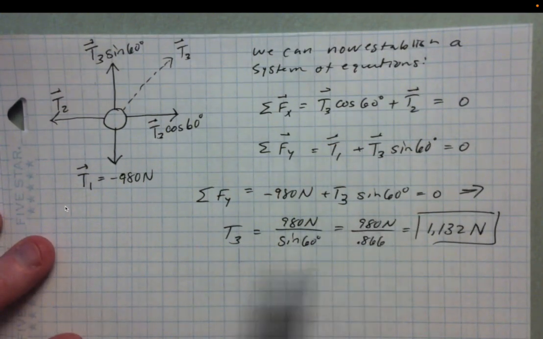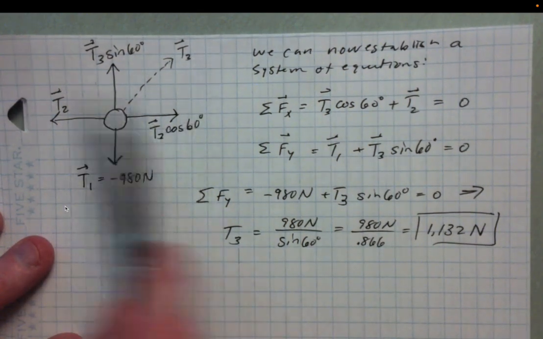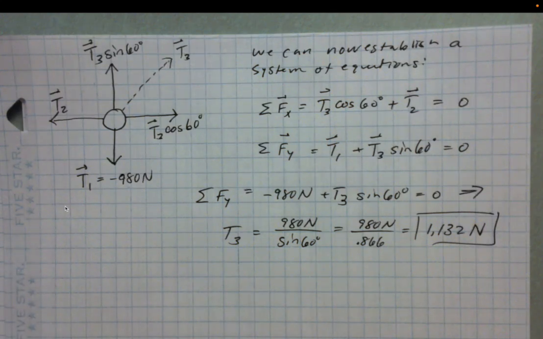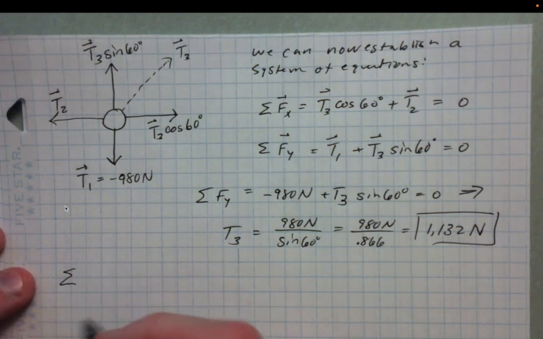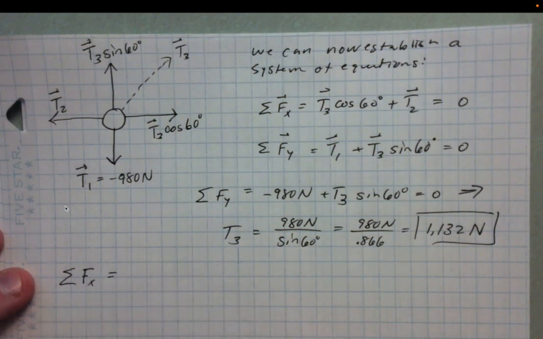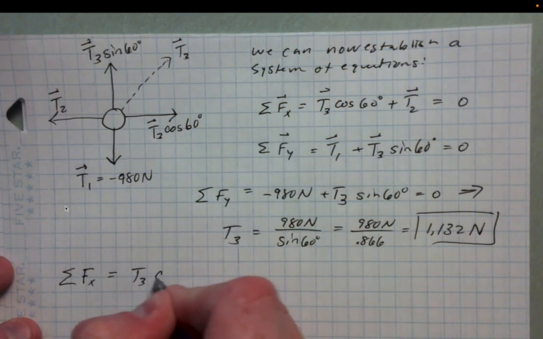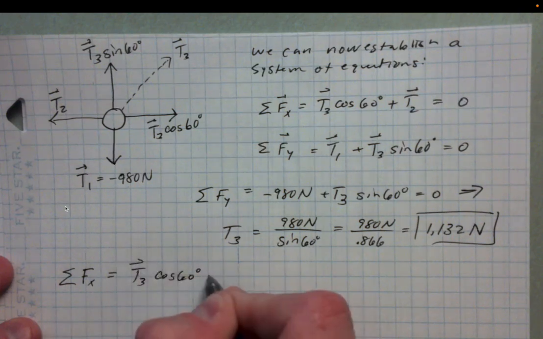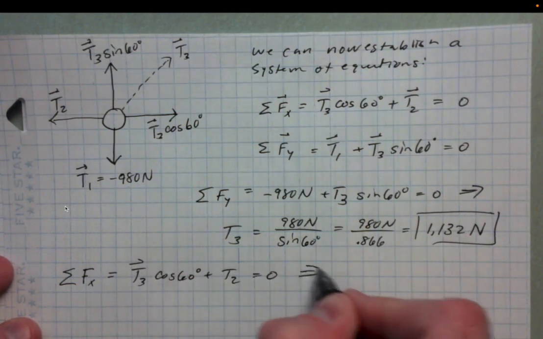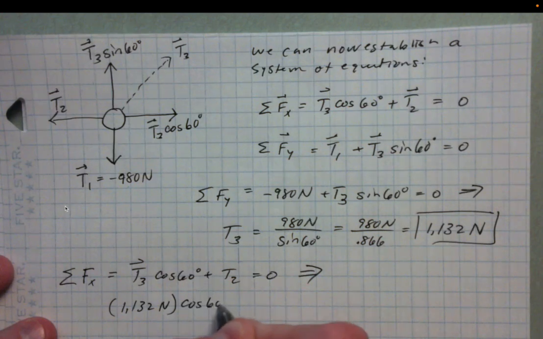We'll see that this is consistent if we plug it into this other expression as well. But from this, we can calculate T2 simply because we now know T3. So the sum of the forces in the x direction, let's write them out first: T3 cos 60 degrees plus T2 equals 0. And so T3 is 1,132 newtons times the cosine of 60 degrees plus T2, and that has to equal 0.